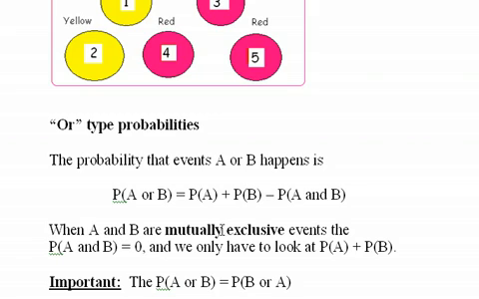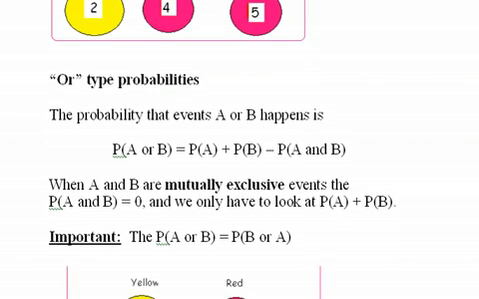When A and B are mutually exclusive events, the probability that A and B happen at the same time equals 0, and we only have to look at the probability of A plus the probability of B. Important. The probability of A or B equals the probability of B or A. You can switch them around.